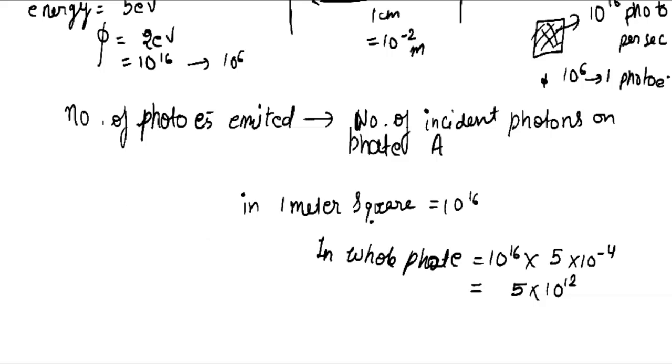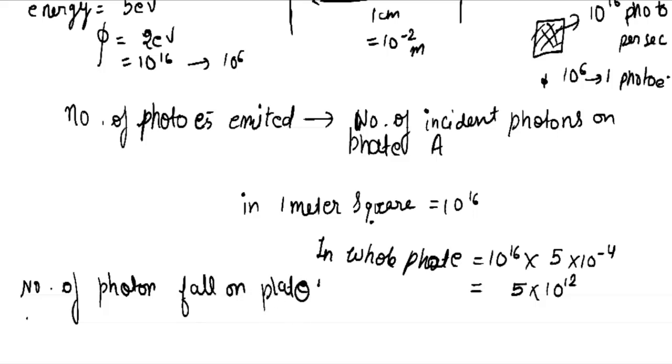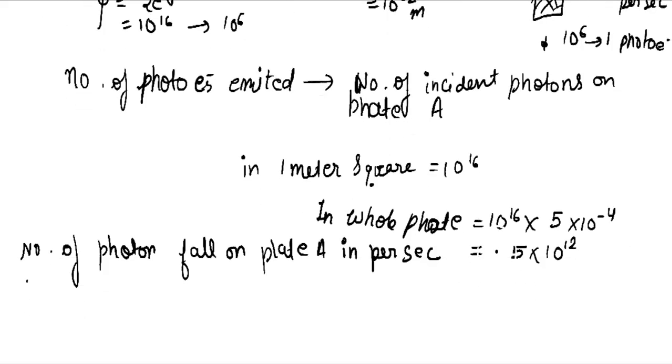So this is the number of photons that fall on plate A per second. Out of which only 1 from 10 raised to the power 6 will emit a photoelectron.